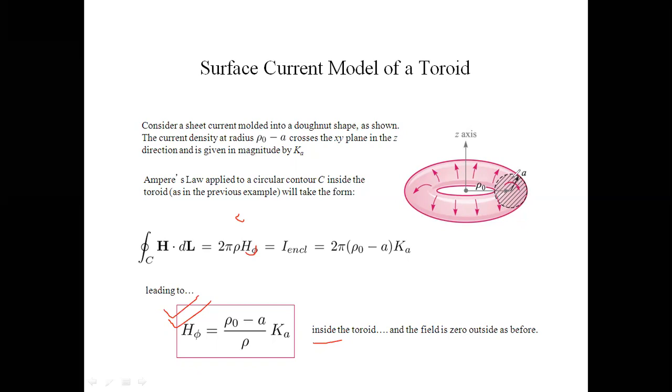A is the radius of that Amperian surface. So this is (rho naught minus A) upon rho times Ka, inside. What is the field outside? This is 0. So the field outside a toroid is 0.